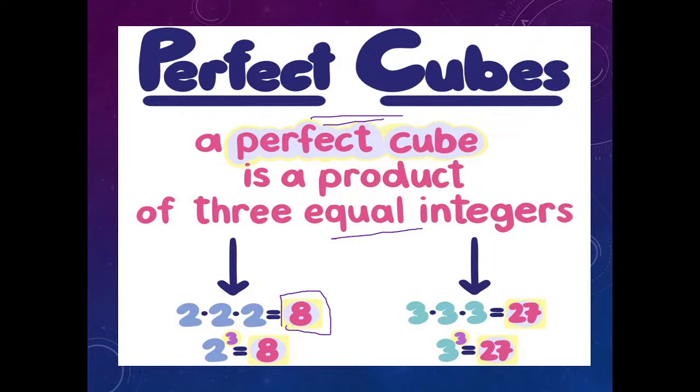If I say 4, the perfect cube of 4 is 64. Whatever result we get after multiplying the number 3 times will be declared a perfect cube.